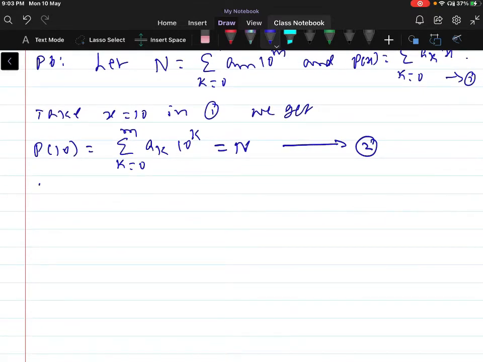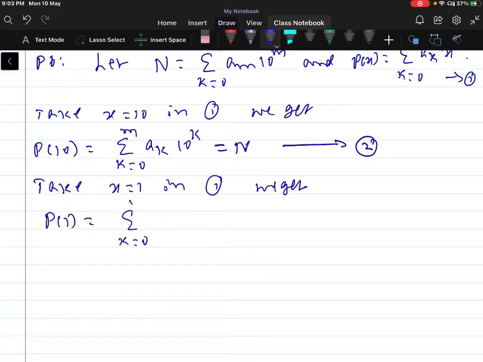Now take x = 1 in equation 1. We get p(1) = the sum for k = 0 to m of a_k × 1^k.